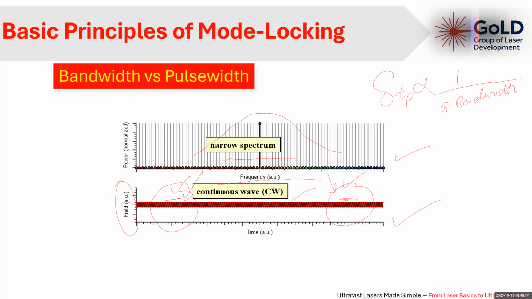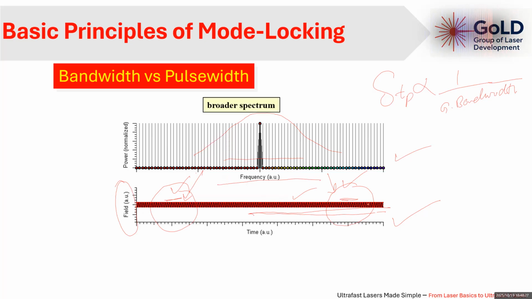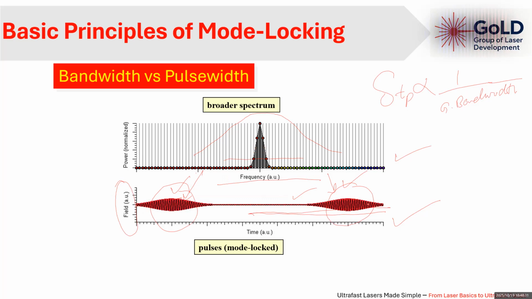And in the temporal domain, you can see the difference of the electric field clearly here. The spectrum is getting broader, and the pulse getting shorter.